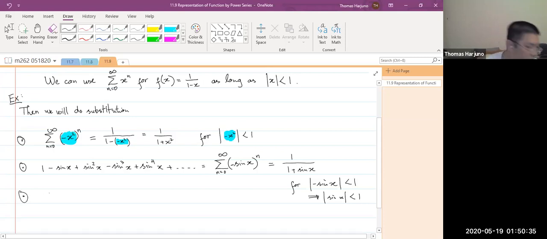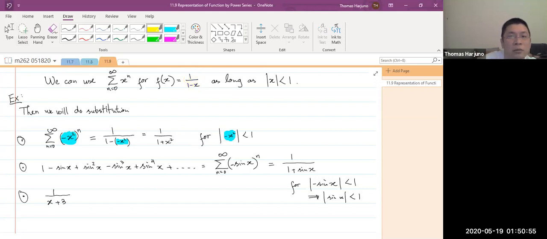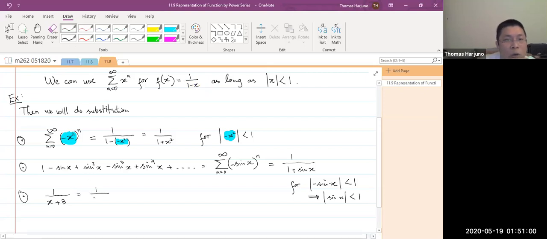Find the power series representation of 1 over, let's say, x plus 3. I need to catch this pattern, something like 1 over 1 minus something. What should I do here? Let me see. I can rewrite this as 1 over 3 plus x, and then factor that 1/3 out. So I get 1/3 times 1 over 1 plus x over 3.